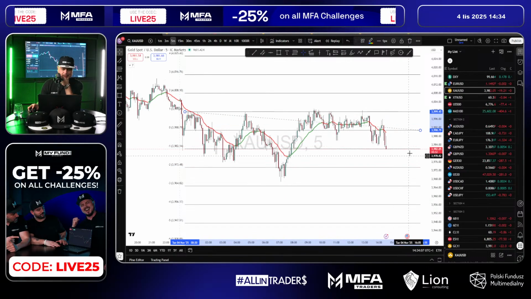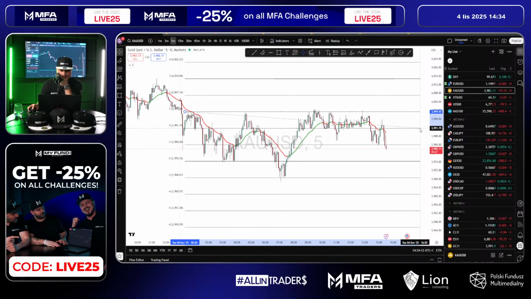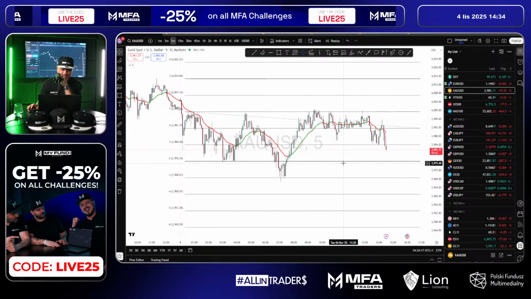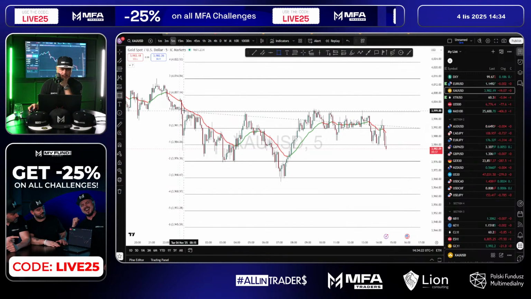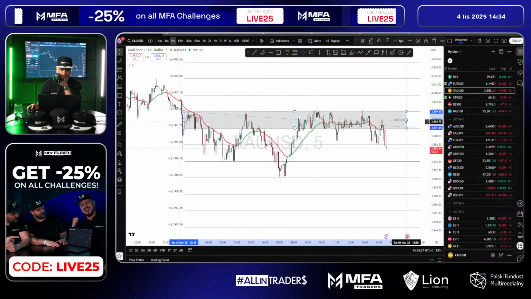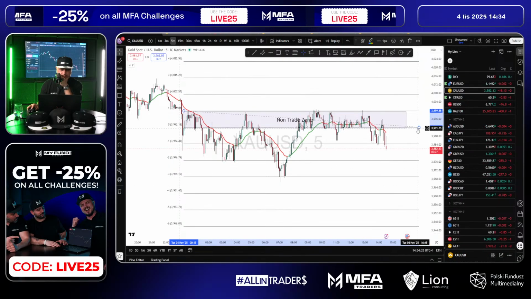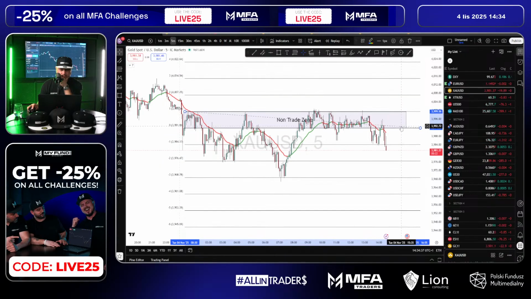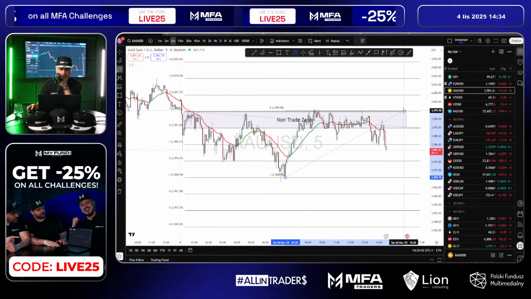I'm going to go for a black color. The range is working pretty well, I would say, to find out this impulse right here, where the pullback is.